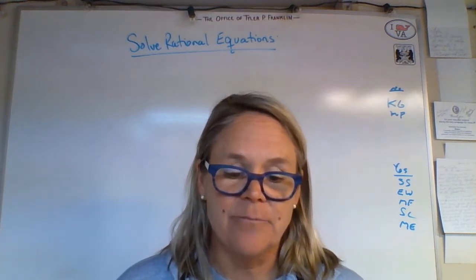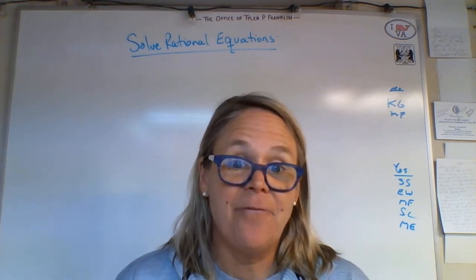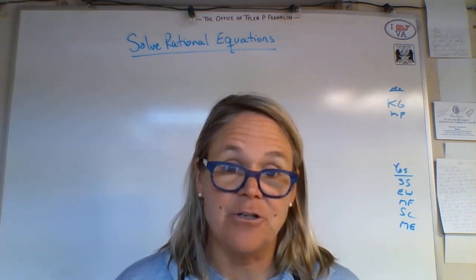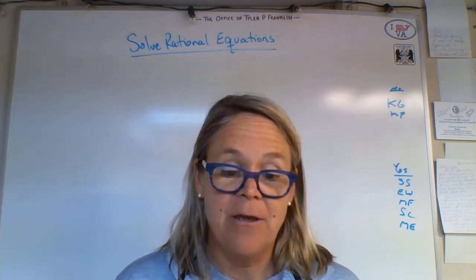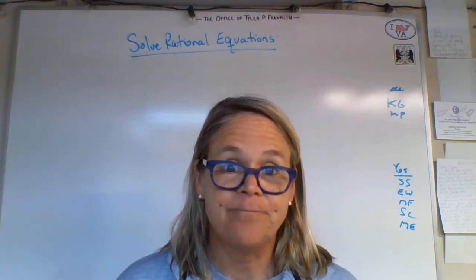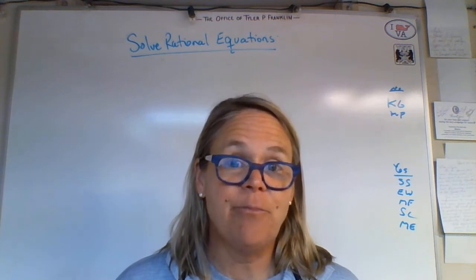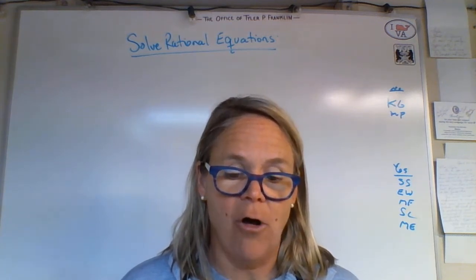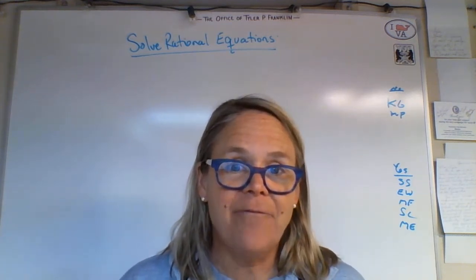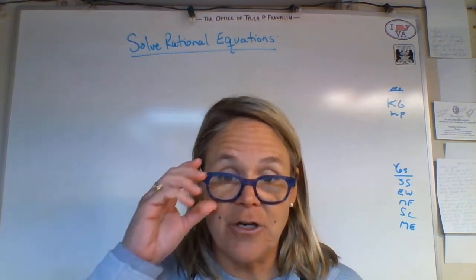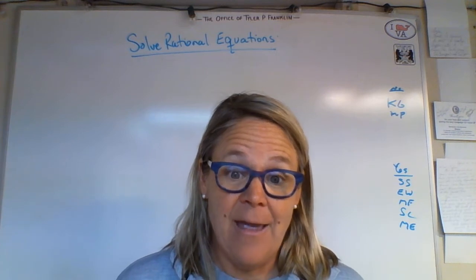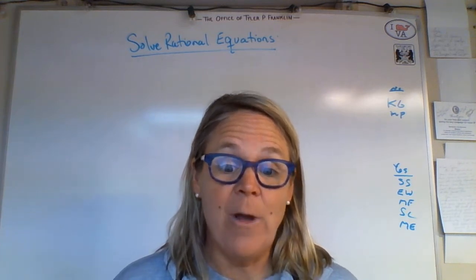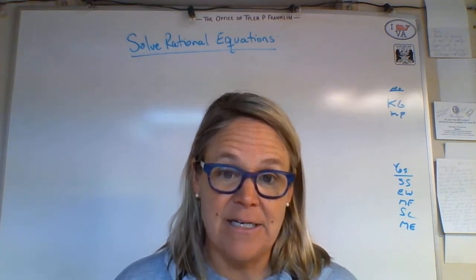So there's two types. If you have a fraction equal to a fraction, which really means you have a proportion, you cross multiply. So you're going to cross multiply, have an equation, solve. The only thing we have to always remember with rational equations is we have a fraction, and when we have a fraction, we can't divide by 0.